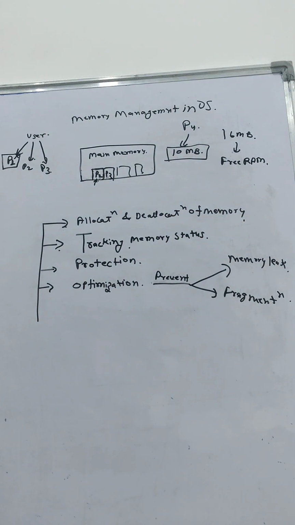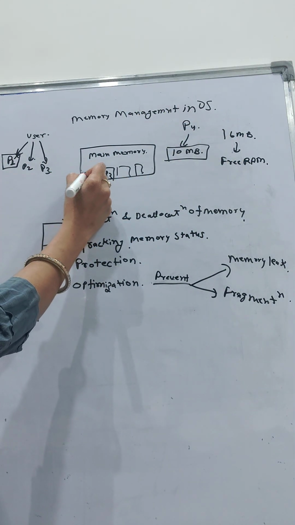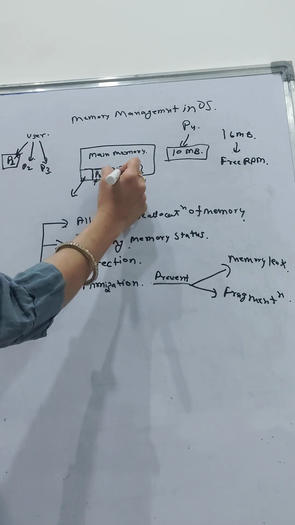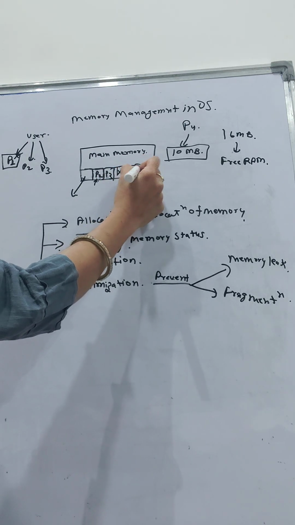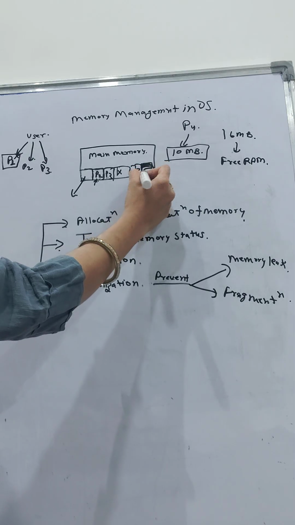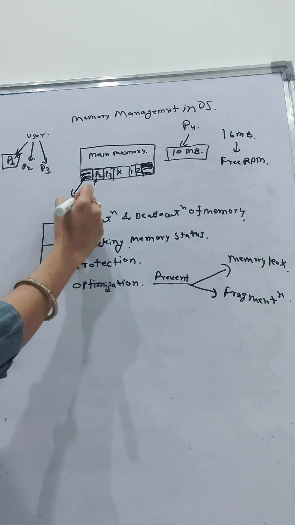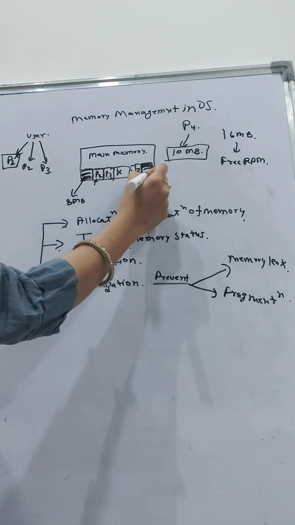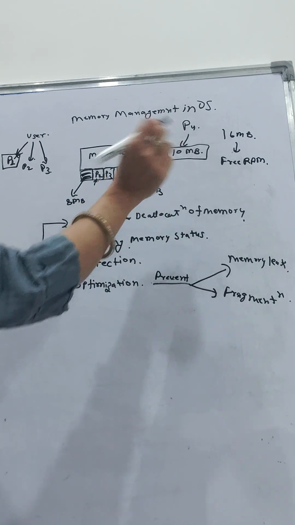But the problem is, of the 16 MB, we have 8 MB here. This is the free area. Suppose here also some process has been assigned, and here also this area is free. This area is free and this area is free. This is 8 MB and this is also 8 MB. And here also some process has been assigned.